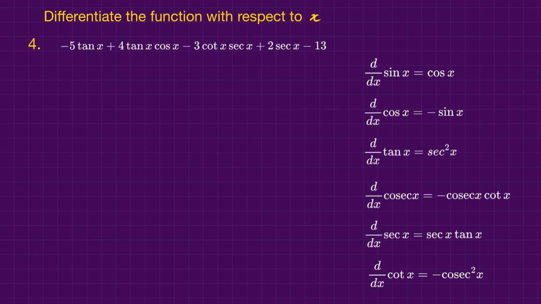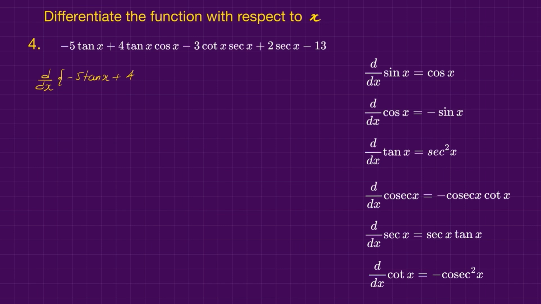Next, number 4, I have to differentiate these functions, and I have written the formulas for the differentiation of trigonometric functions. d/dx of minus 5 tan of x plus 4.